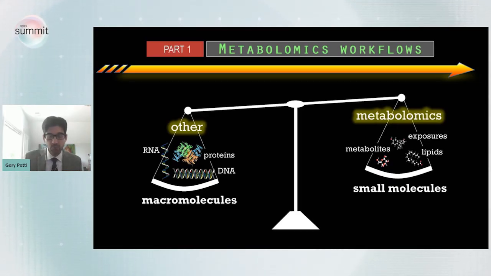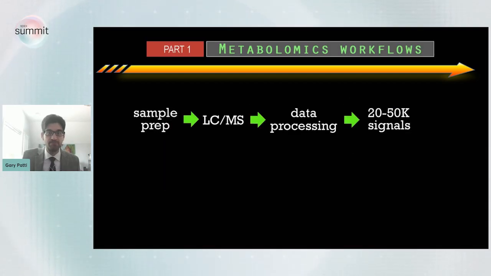And on the right, we have small molecules. And I'm going to use the word metabolomics to be referring to all of those small molecules. So it's not just water-soluble metabolites, but when I say metabolomics, what I mean is profiling water-soluble metabolites as well as lipids, as well as chemical exposures. So everything I talk about is going to be broadly applicable to all those categories.